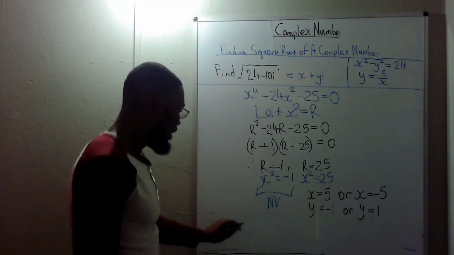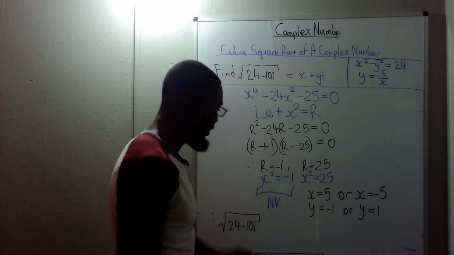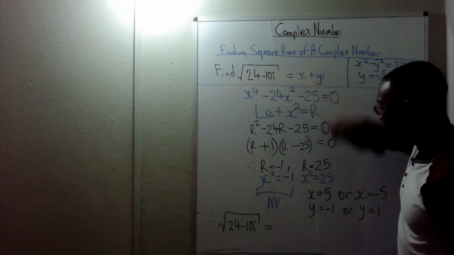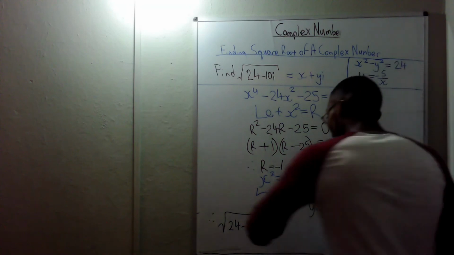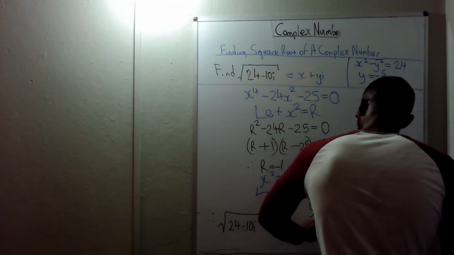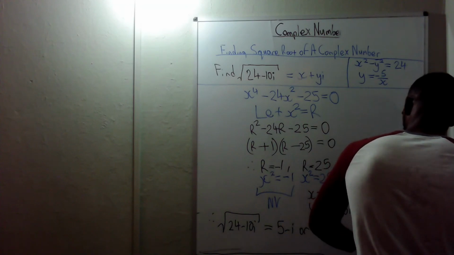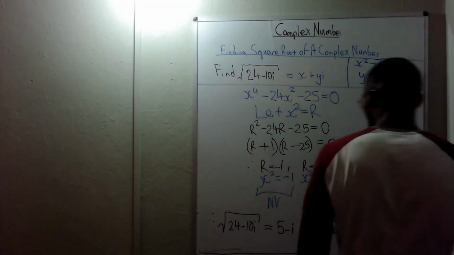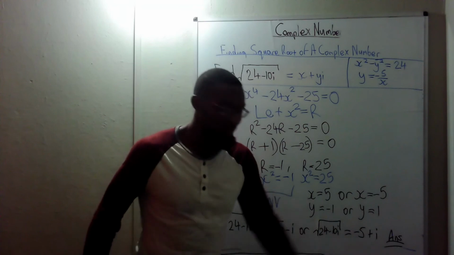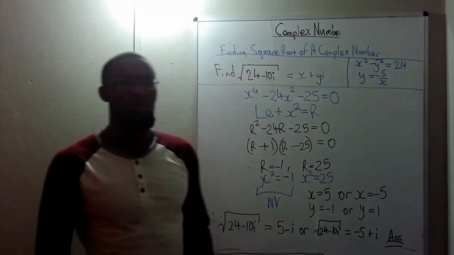So we can conclude that the square root of 24 minus 10i is either x plus yi, so 5 minus i, or minus 5 plus i. Those are the two possibilities. That's how we square root complex numbers.